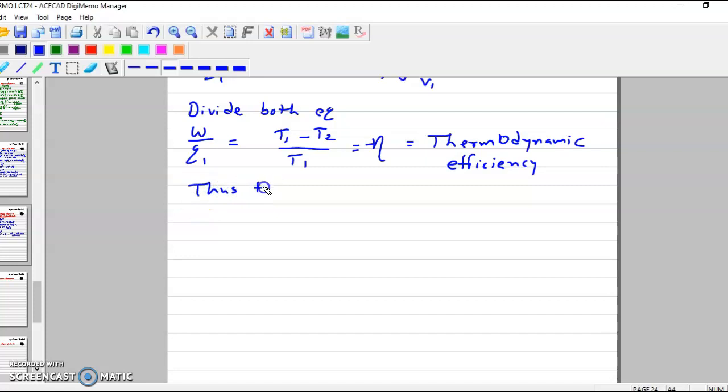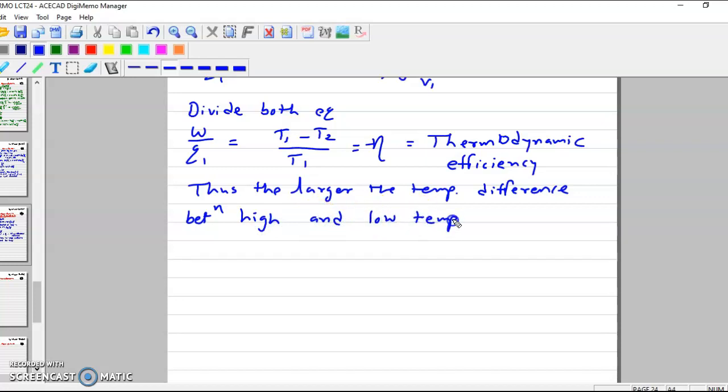Thus, the larger the temperature difference between the high and low temperature, or between T1 and T2 of the reservoir, the more heat is converted into work by the heat engine.